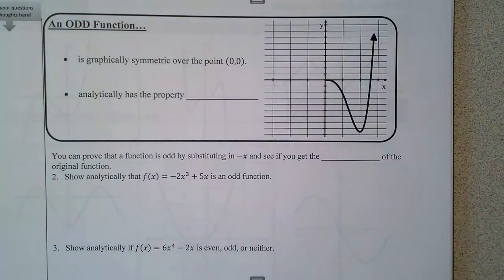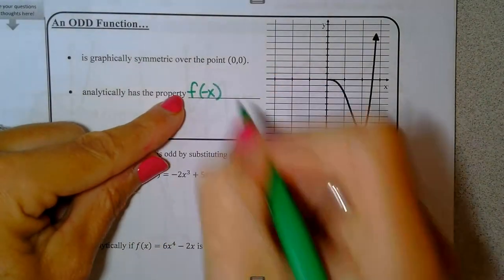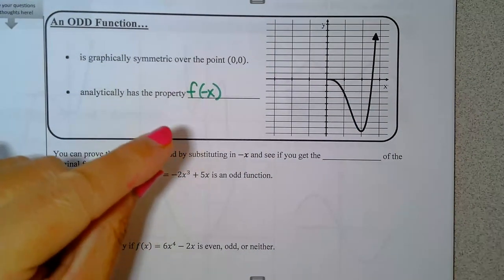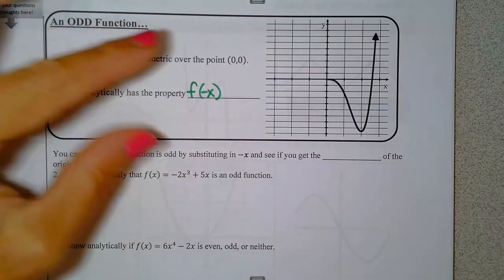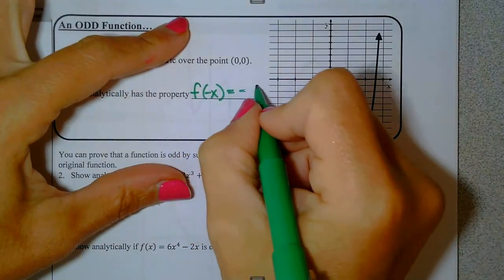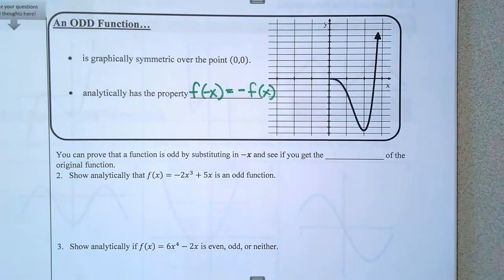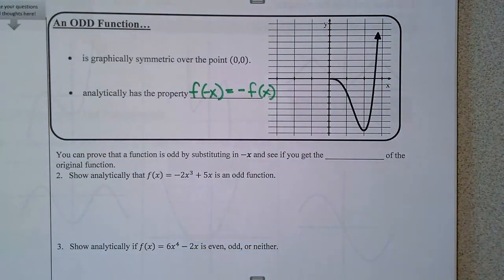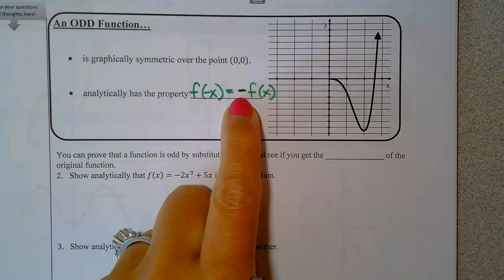Odd functions. Let's say I'm still going to put a negative x into the function. But my answer is going to change everything in the function. So it's going to make the entire function the opposite sign.